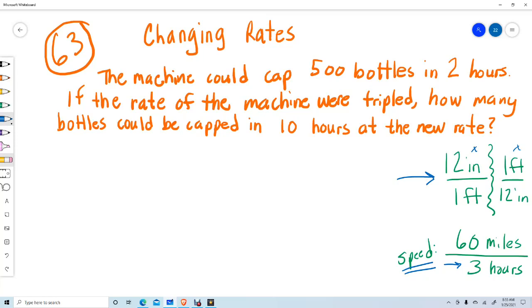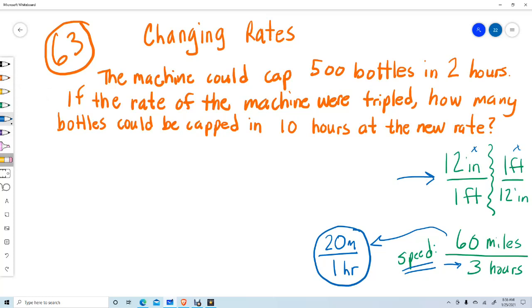So it's always good to do the division and make it per a single unit of time. We would take this speed, 60 miles per 3 hours, and call that 20 miles per 1 hour. That's how we like to work our problems, with single units of time on the bottom. When you have a unit of time on the bottom, that's considered speed.